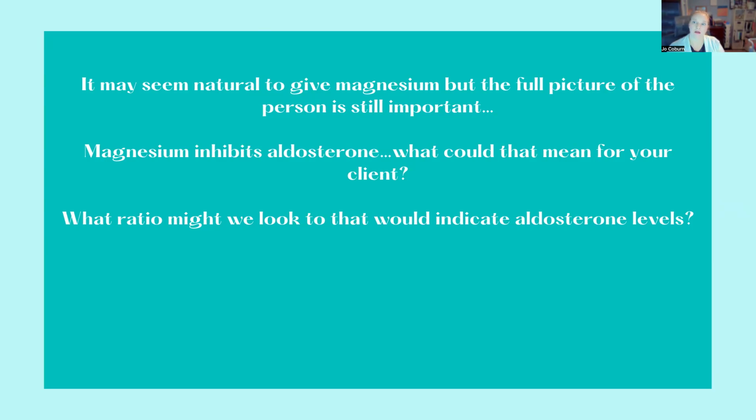So they have low magnesium, which is going to give them higher calcium, which is already going to be messing with their blood pressure and everything else. What would you do for those people instead of magnesium? What do they need? What's your first line then?